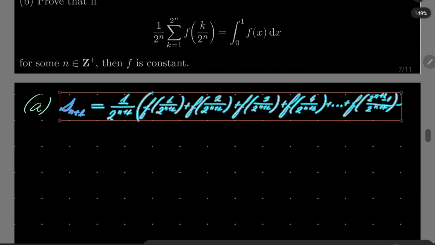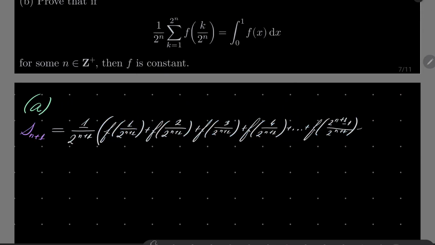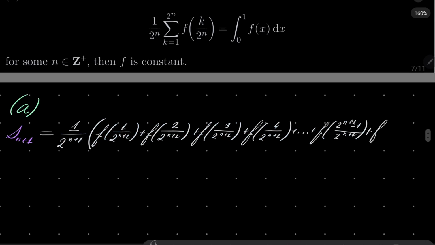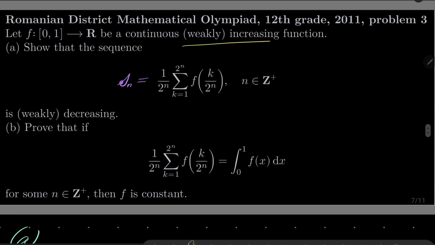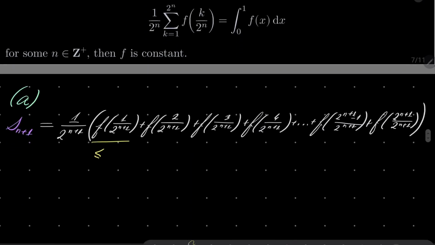I need some space. f of 2 to the power n plus 1 over 2 to the power n plus 1. Close. Right. Now, see the following. Since our function is weakly increasing, this can be estimated from above by the next term.